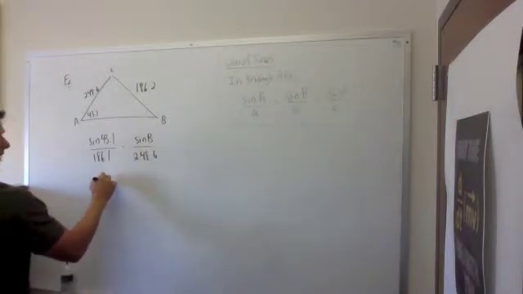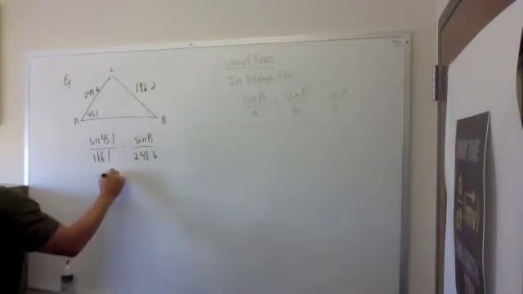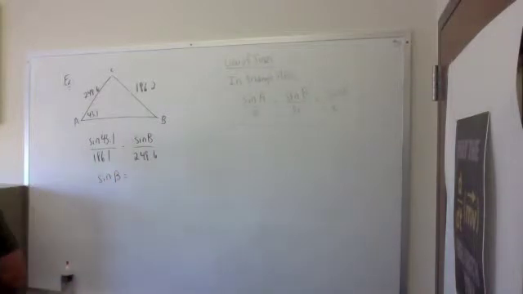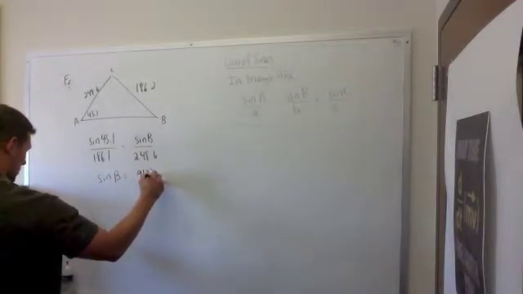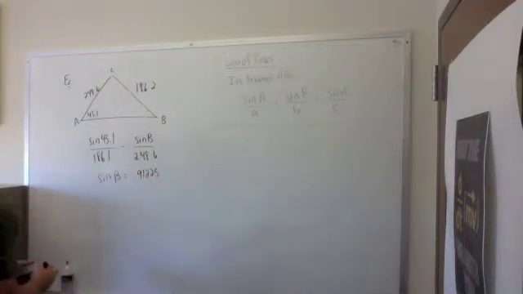So therefore, sine of B, let me get my calculator here: sine of 43.1, divided by 186.1, times 248.6, and I got 0.91225. Okay, good. So that's what I get.